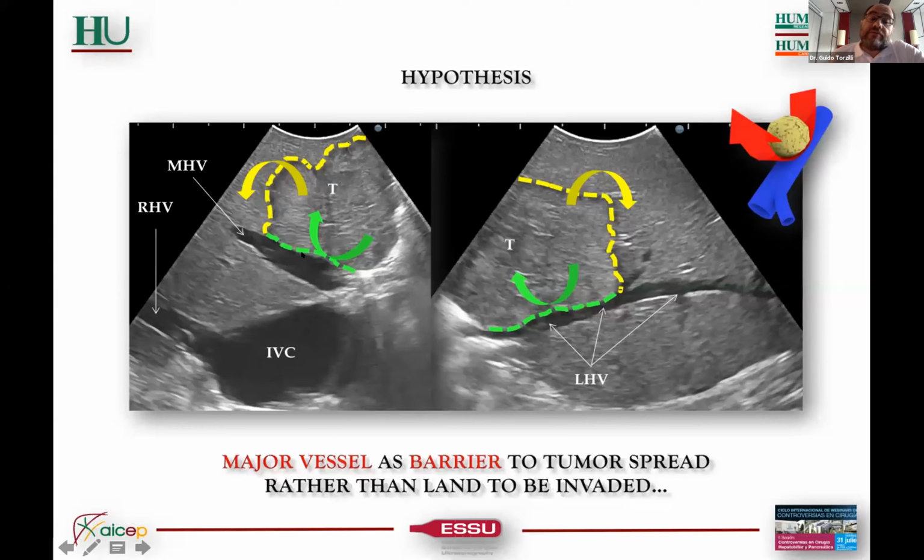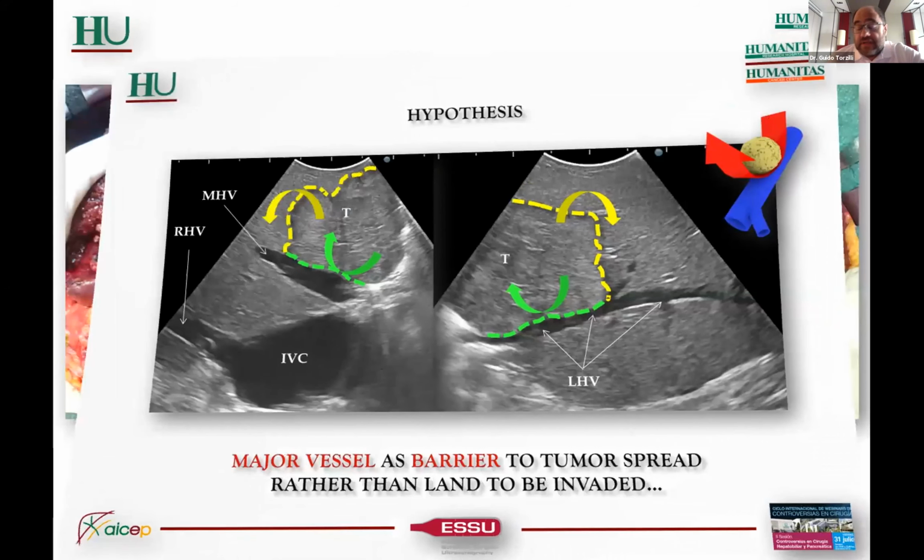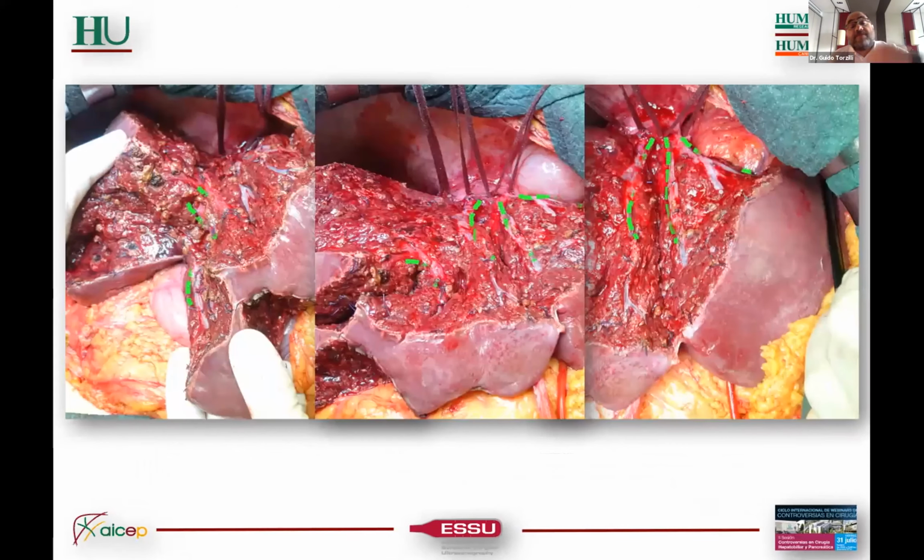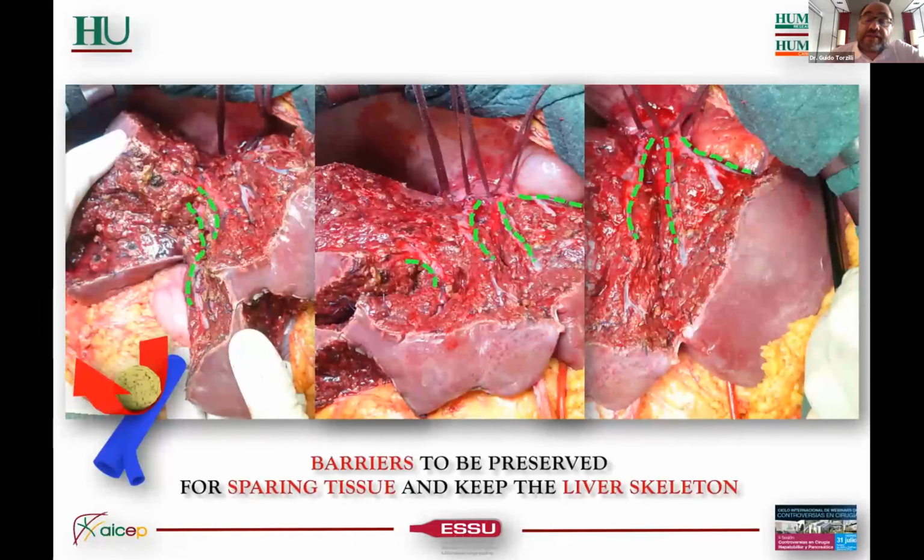Although there is tumor exposure anyhow, R1 parenchymal and R1 vascular are probably two different categories. Then we proceeded in detaching all the tumor from the major vessels.